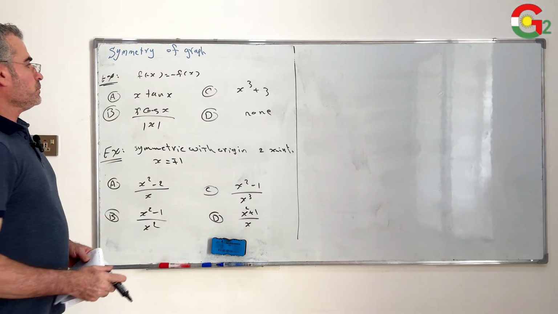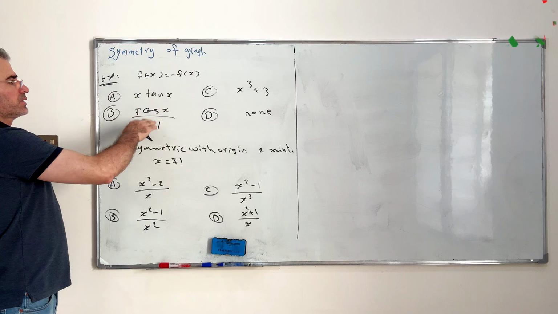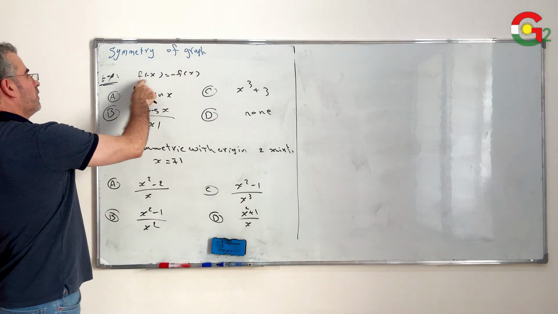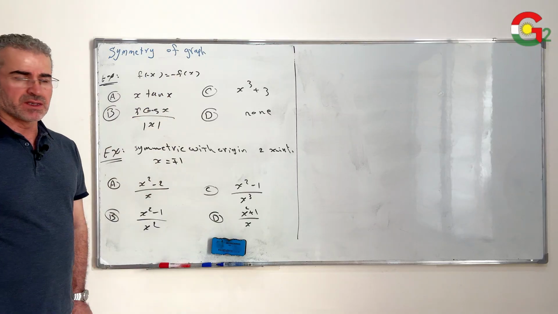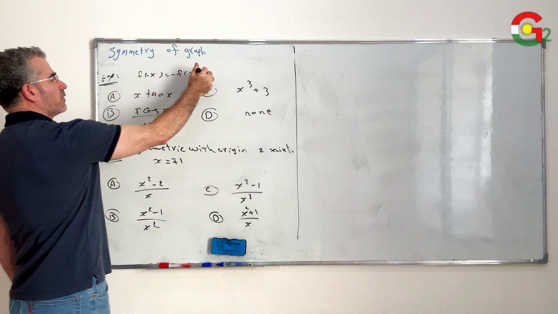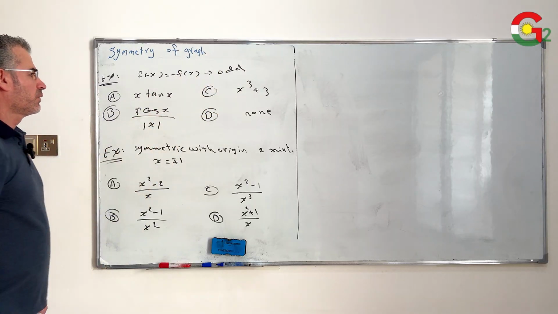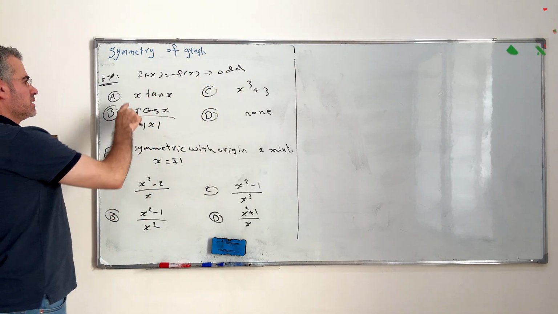Example: which of the following functions satisfies this condition? f of minus x equals minus f of x. This condition is for an odd function. Then which of the following functions is odd? Let me see.